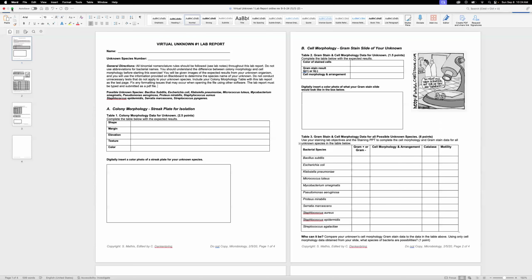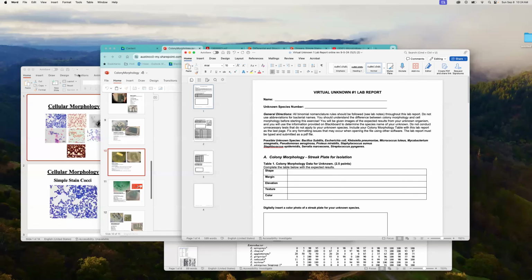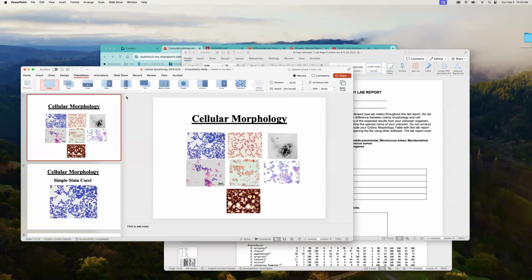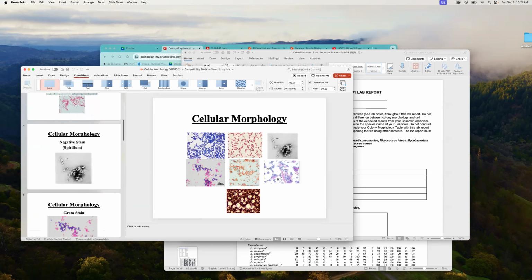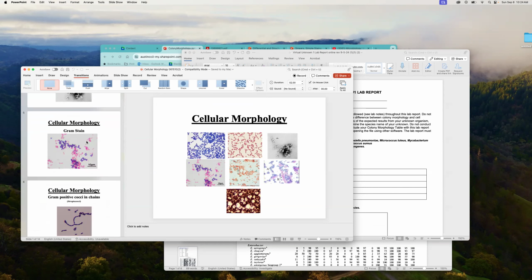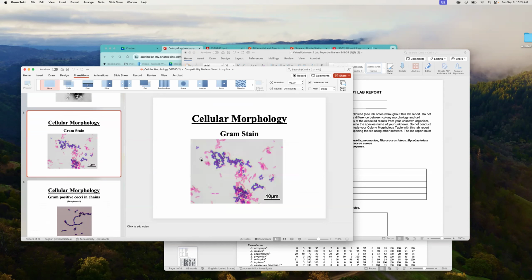In order to review that, you can go over to the cellular morphology PowerPoint and take a look at the gram stain. You can see here with the gram stain that you have these gram-positive cocci that are arranged in clusters, and you have these gram-negative rods that seem to be in clusters also.